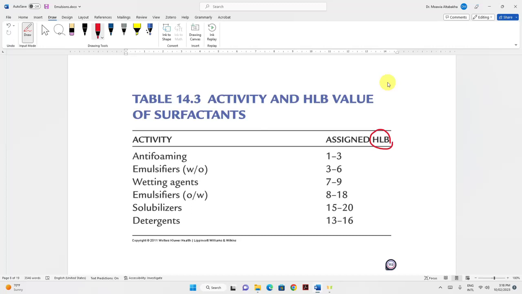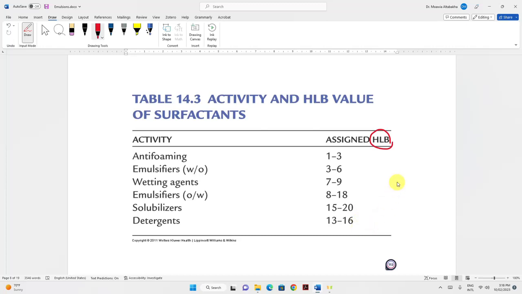That's why they go to the surface. But they might like water more than oil or oil more than water. If the surfactant is more lipophilic, meaning it has less polarity, the HLB value will be low. And if the surfactant has more hydrophilic groups, then the HLB value goes up.